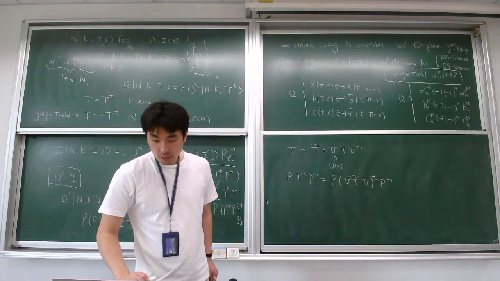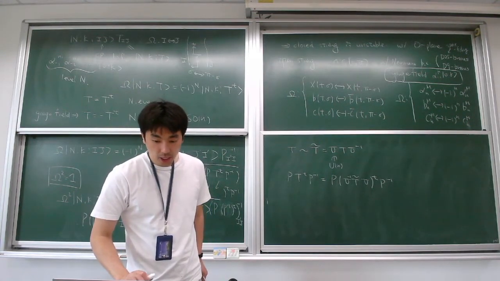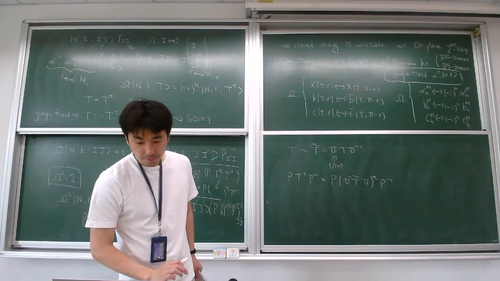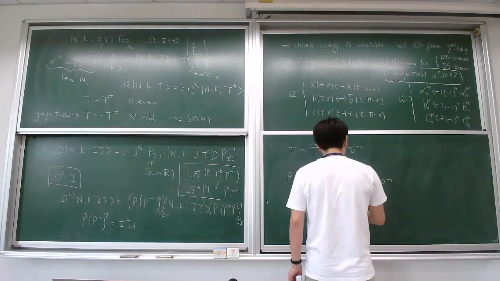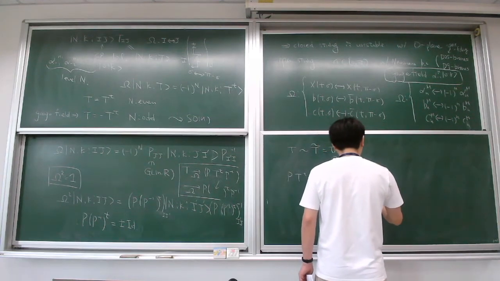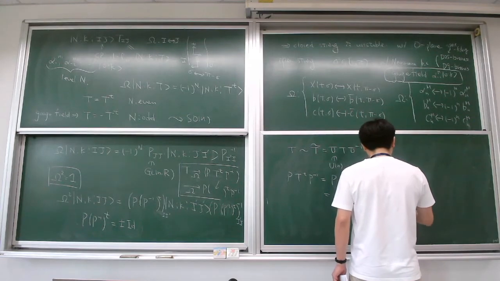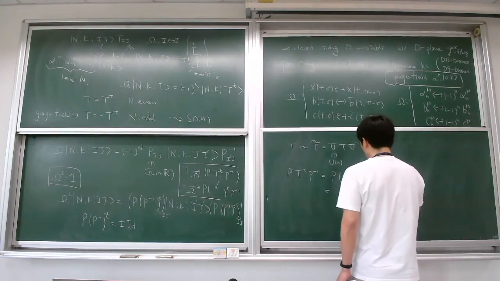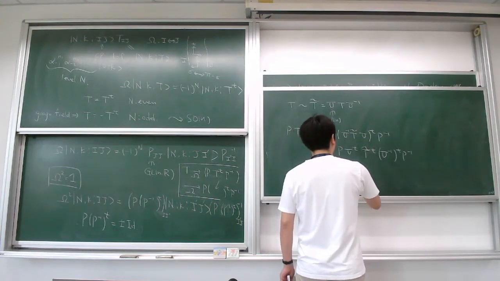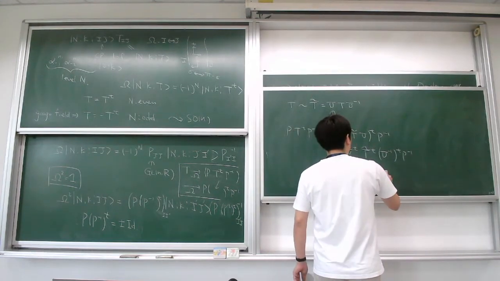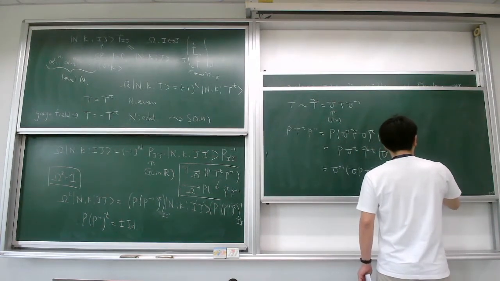And this can be understood as P U transpose T tilde transpose U inverse transpose P inverse, and then you apply some operation T tilde T U inverse transpose.